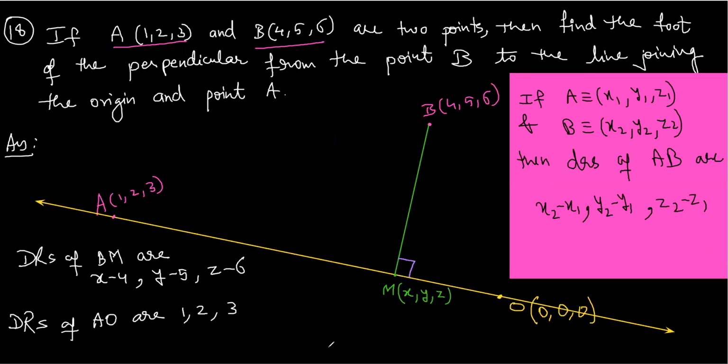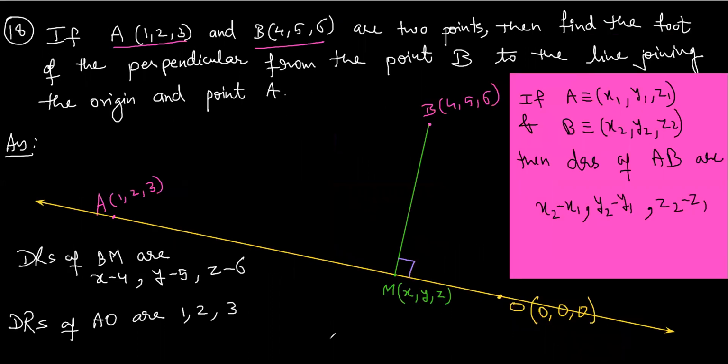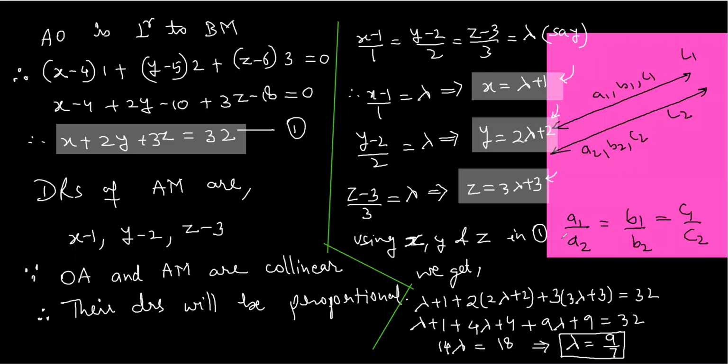Refer to this solution once again and practice it. And remember, the key for solving all these problems is the pointers which we have already discussed. So try remembering them. Now let us substitute the lambda value in x, y, and z.